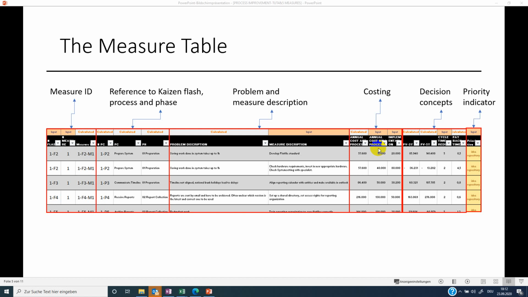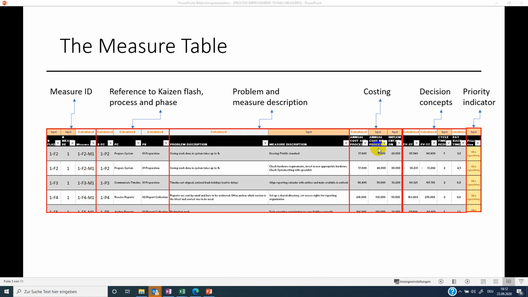This is something you will have to calculate manually, and you will have to also put in your expected implementation costs. These three components will then help to calculate a payback time and different NPVs.